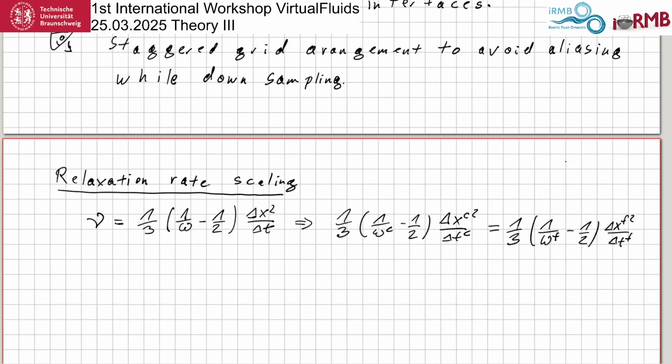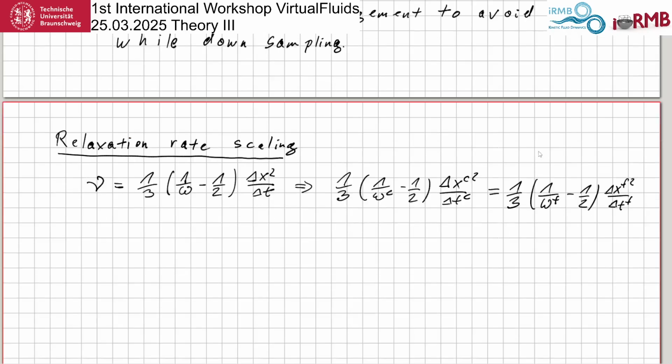So we are assuming that we always refine in each interface by a factor of 2. Yeah, this is the only thing now that we are allowing. And if we want now to compute that, 1 over omega fine can now be recalculated as delta x coarse squared divided by delta t coarse times delta t fine divided by delta x fine squared, into 1 over omega coarse minus 1/2, plus 1/2.